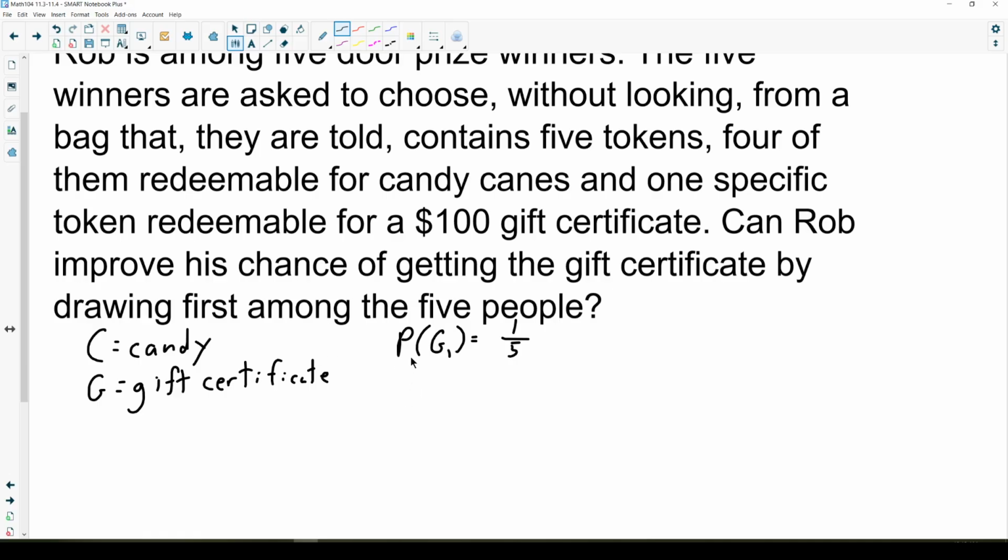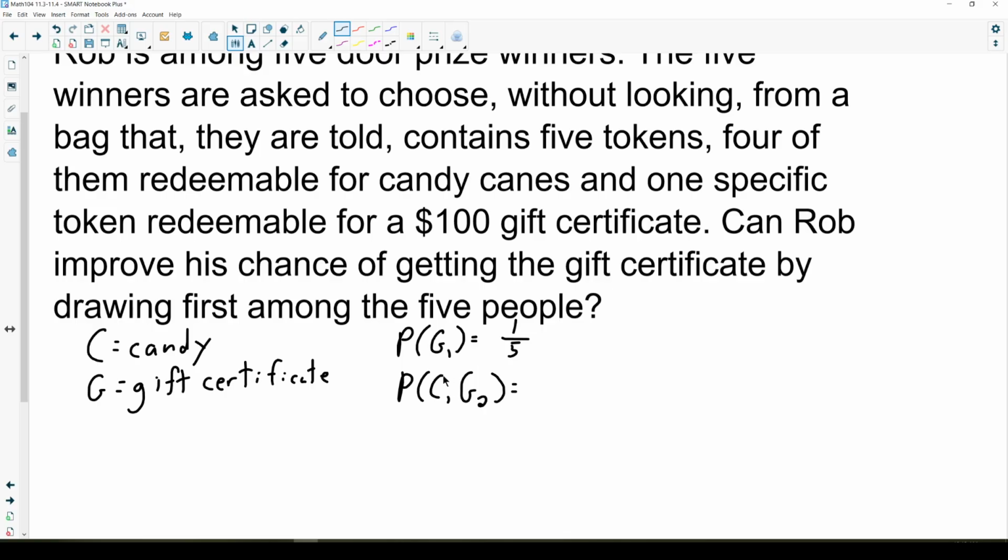Let's say I want to go second. Maybe I want somebody else to try and eat up some of those candies to give me a better chance at getting my gift certificate. Well, the probability of getting a candy first, followed by a gift certificate second. Well, again, these are dependent events. They do modify each other, right? As I take prizes, one less is left in the pool.